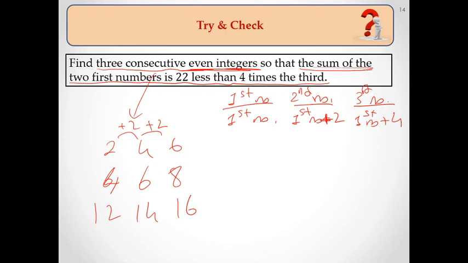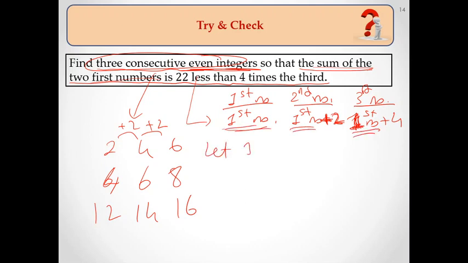Before getting there, this information allows us to say something. We can assign x to one of them, and it will turn out again to be the first number.